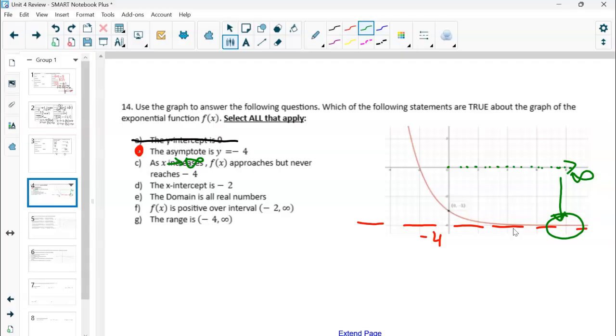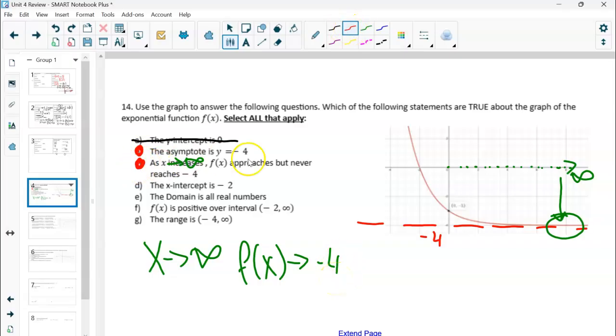That is a correct statement, okay? So this is basically saying as x is approaching positive infinity, f of x is trying to approach my asymptote. That is a correct statement, okay? It has nothing to do with increase, decrease.